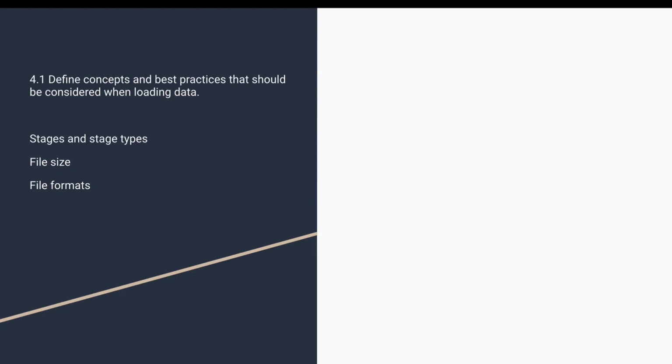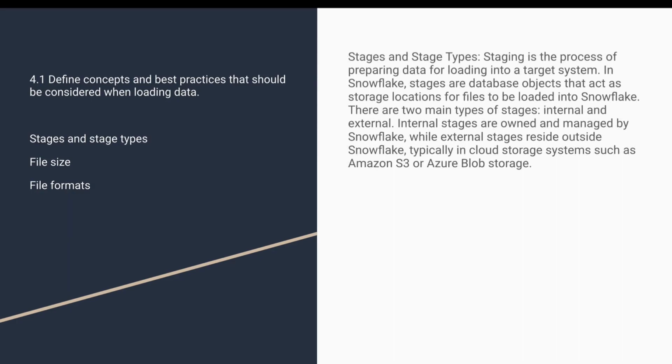File size is also one of the considerations when you are loading the data. As we have discussed, the ideal size of the file should be 100 MB to 250 MB compressed. You should not make many very small files.